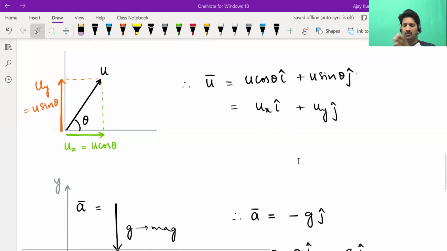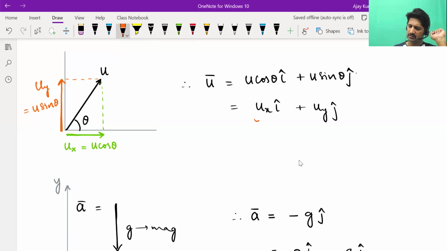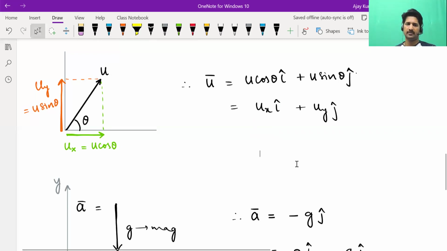So later on also, anytime during flight, it will have the same x component. So this thing remains constant. This is initial velocity. Later on, if you find out final velocity at any time during flight, it will always have the same x component.